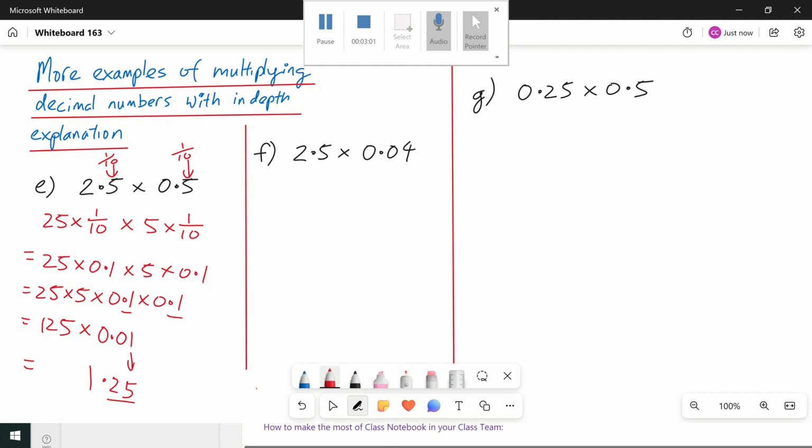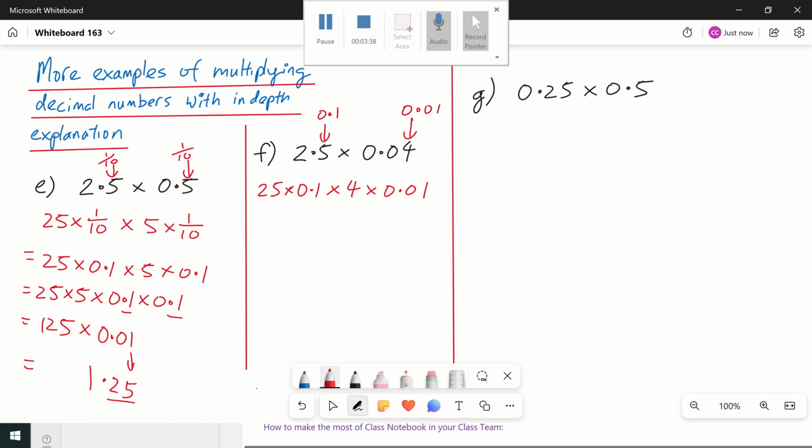Let's take a look at the next one. 2.5 times 0.04. That's F. Now, again, with the 2.5, that is 25 units of 0.1, times, in this case, 4 units of 0.01.